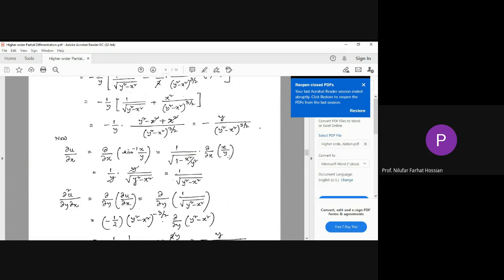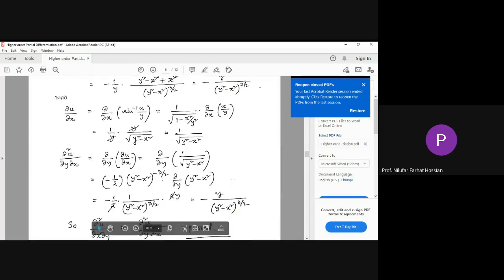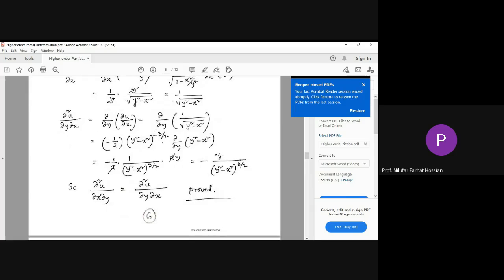Here 1 over y can be taken outside, and this gives you y divided by root over y square minus x square, and del x of x is simply 1. So this y and this y cancel out, so it is this 1 by root over y square minus x square.